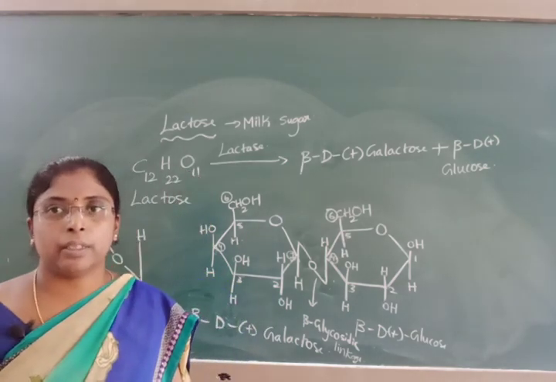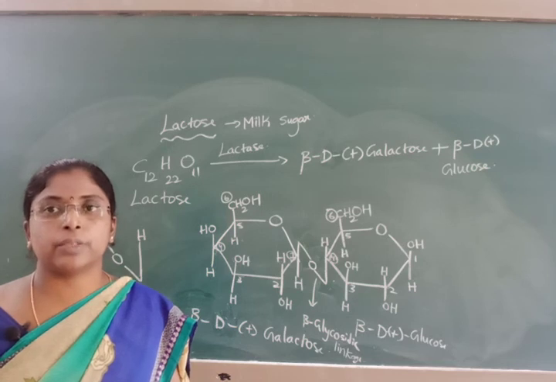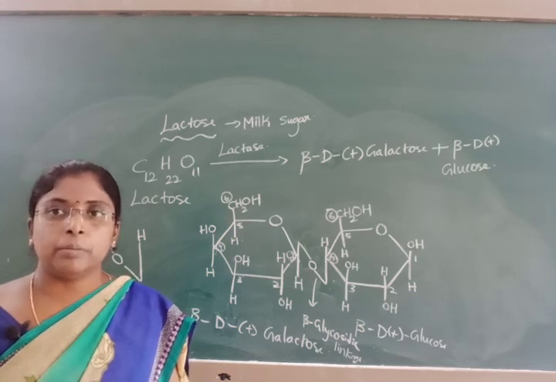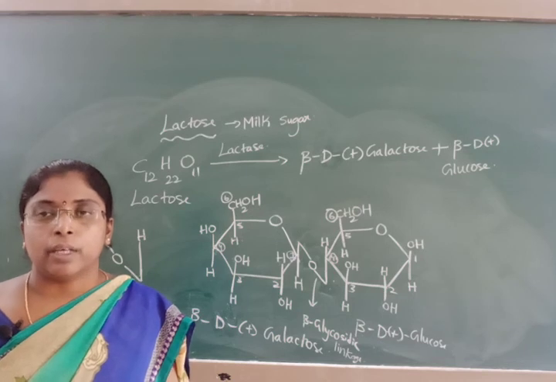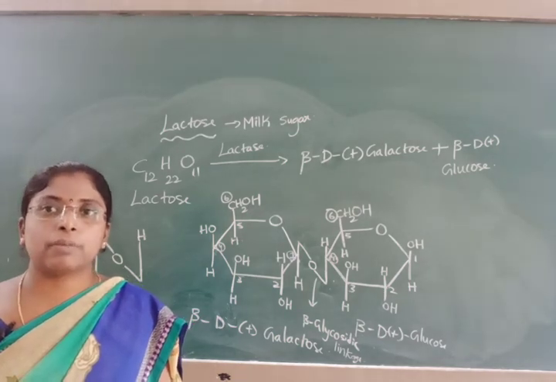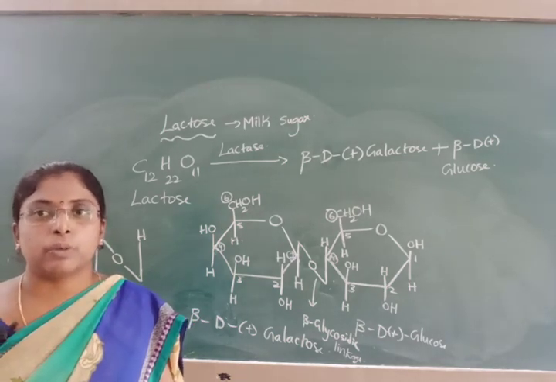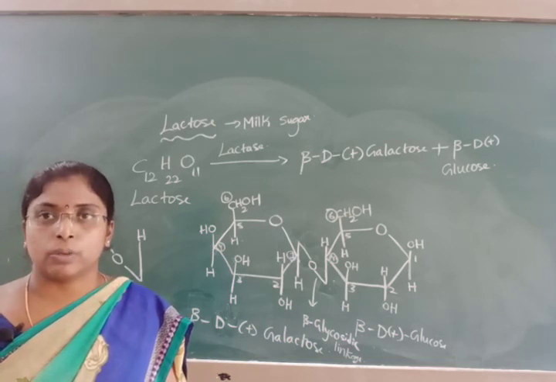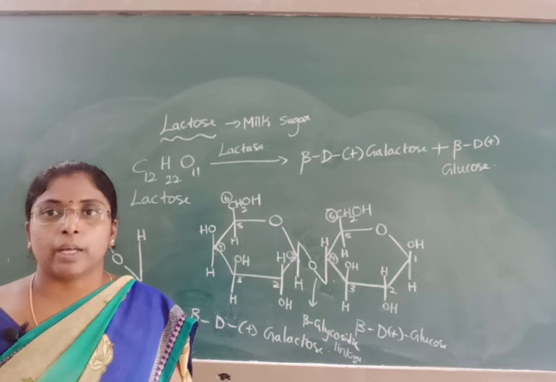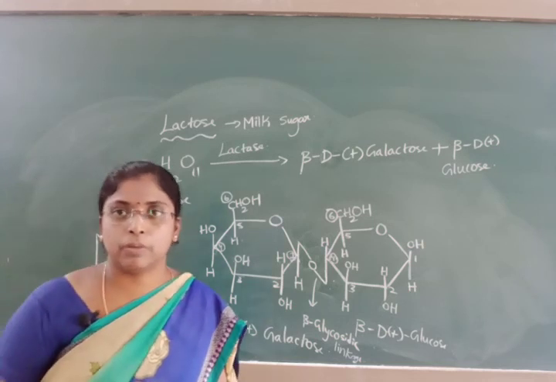These are the three disaccharides which are very important. Maximum they ask one among these, the Haworth structure. They ask you to write the Haworth structure of either glucose, fructose, galactose, or sucrose, maltose, lactose. The fixed question will be for 2 marks.